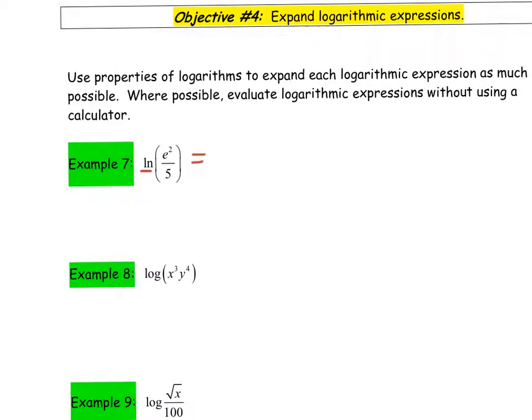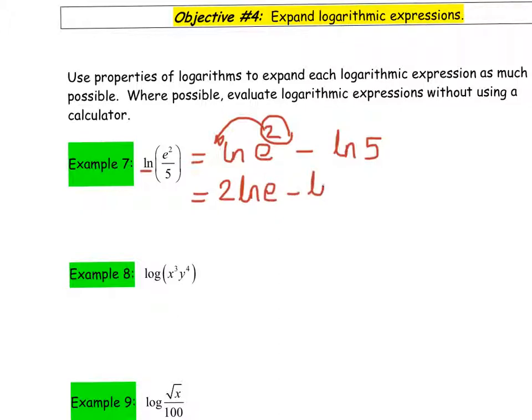So I have ln e squared minus ln 5. I can still simplify it because of the power. The power gets kicked right up in the front. So this becomes 2 ln e minus ln 5.